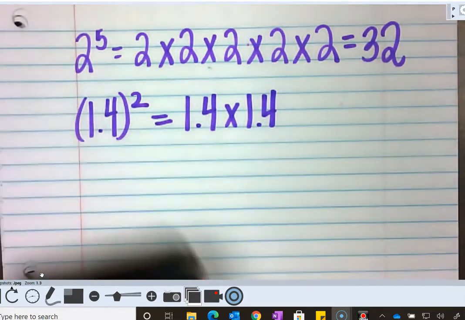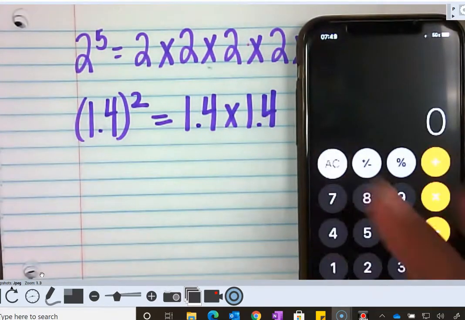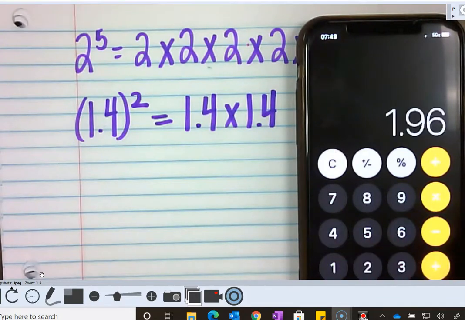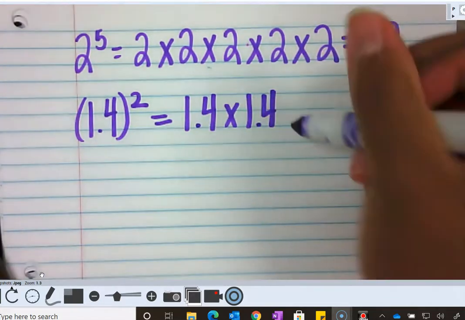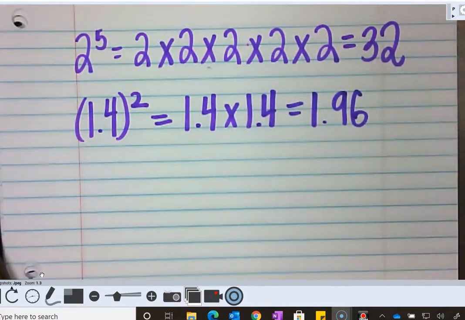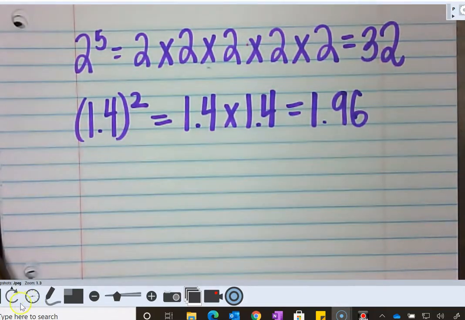Get my calculator. 1.4 times 1.4. I get 1.96. And that's all we need to know when dealing with exponents. All right? Let's start some practice.